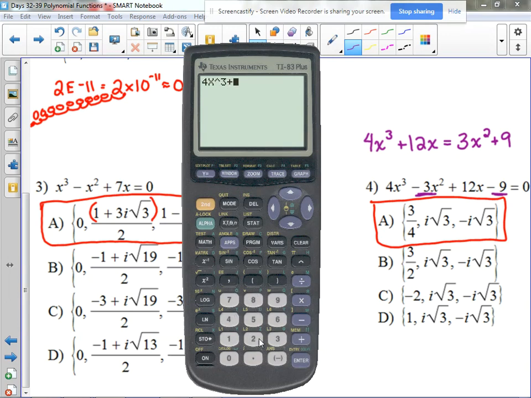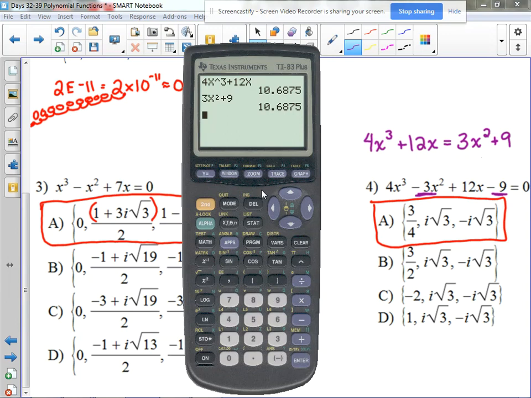I'm going to plug it into the left side. I didn't get 0, but I'm not supposed to get 0 here. I'm supposed to get whatever 3x squared plus 9 is equal to. As long as the left side equals the right side, we get the same number, then 3/4, that's what I have stored as x, 3/4 is the solution to that equation.